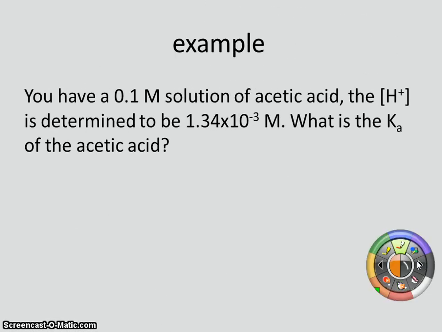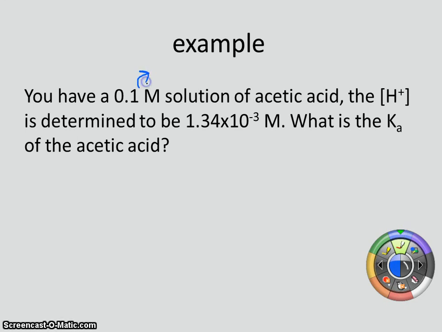So we have a 0.1 molar solution of acetic acid. It tells us our hydrogen concentration is determined to be 1.34 times 10 to the negative third molar. They want to know what is the Ka of the acetic acid. So here we have 0.1 molar.